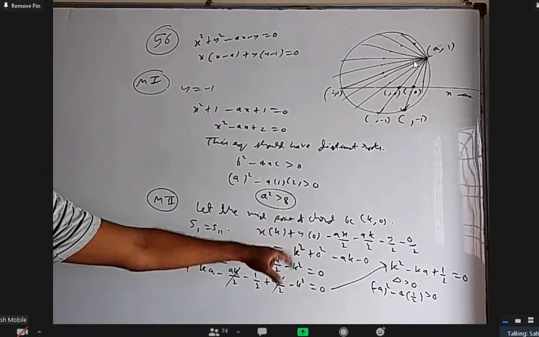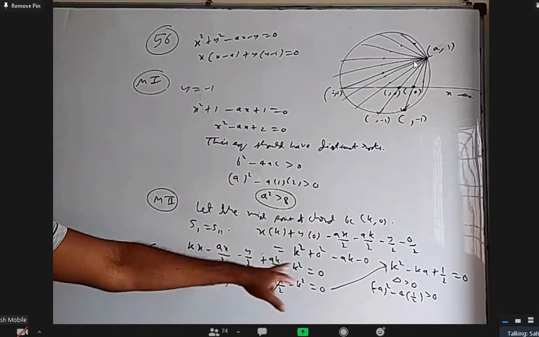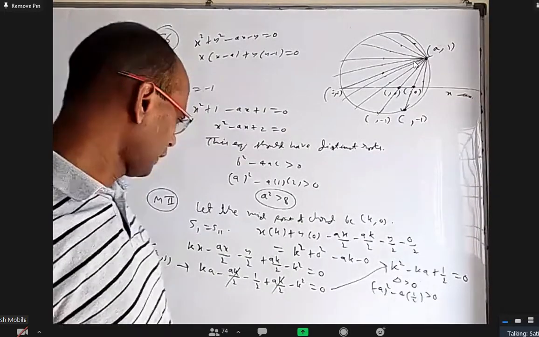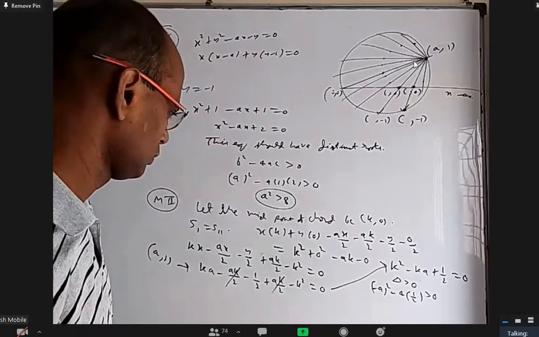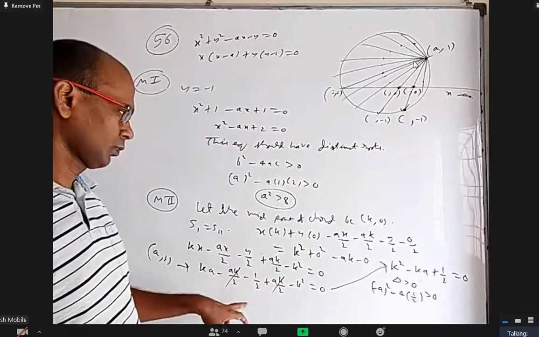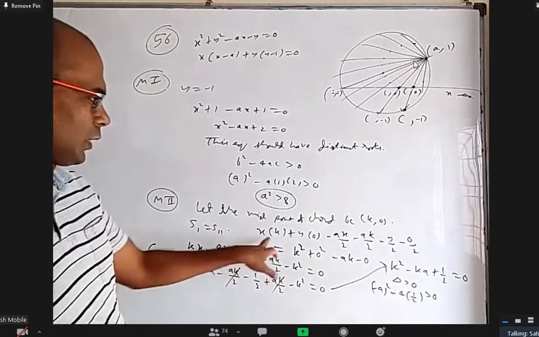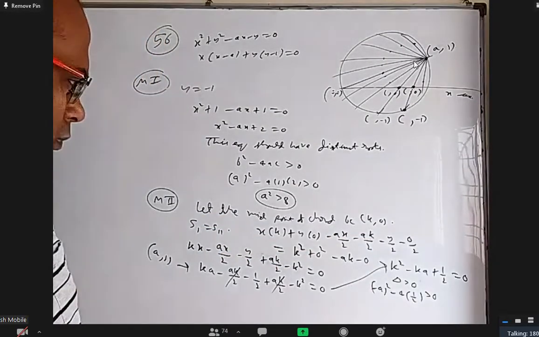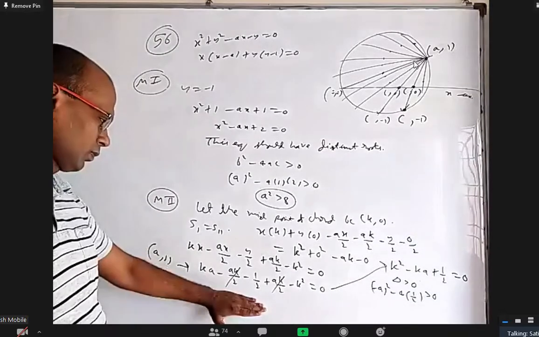Can anybody find any mistake in this? Some substitution somewhere. Sir, in the last step, it should be k minus a square by 2. Here? No, sir, the last step. Here, okay.